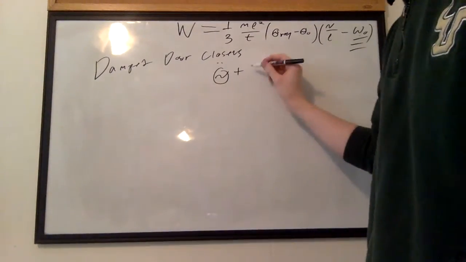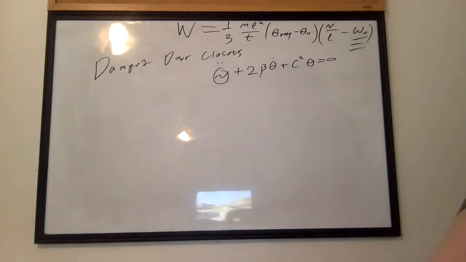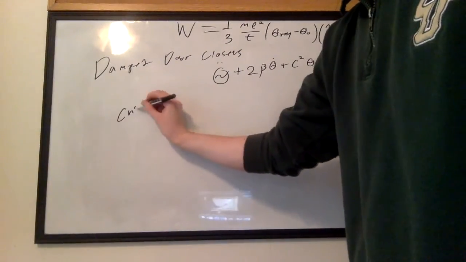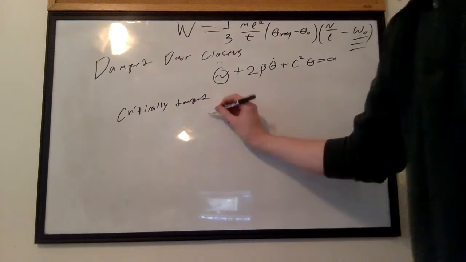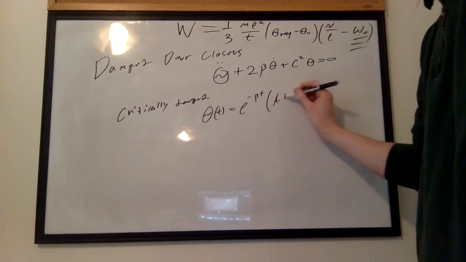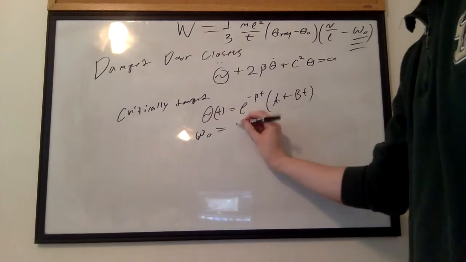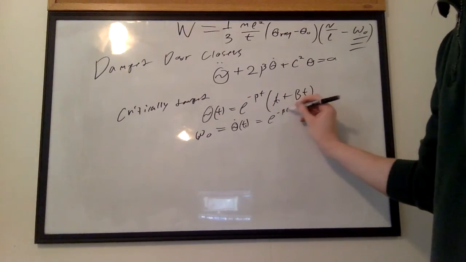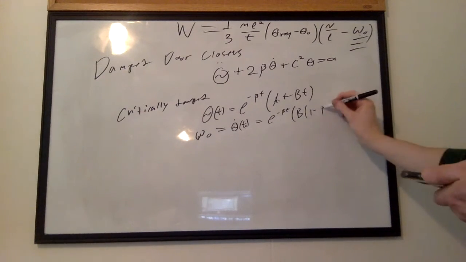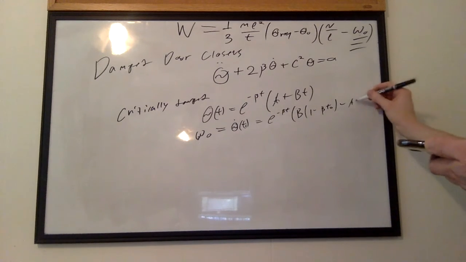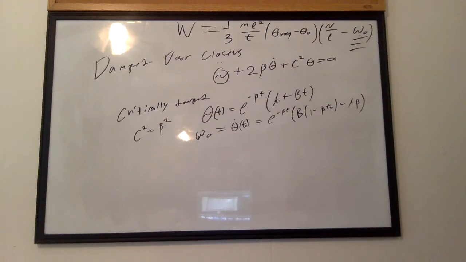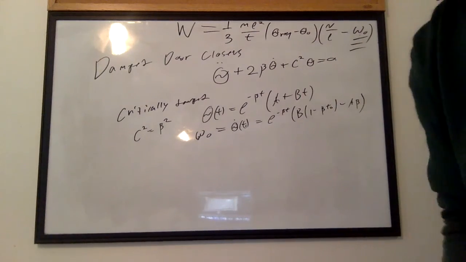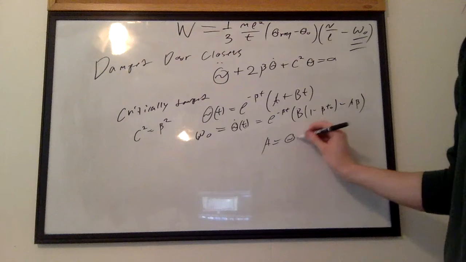Looking back at our differential equation, we know for the critically damped case that beta squared is equal to c squared. And so what we have is essentially these solutions to the equation, and then our omega naught, which at t0 is the derivative of those solutions, looks like this, and it would suffice to plug this back in to our work function up at the top to get a solution for a damped door closer, for the work at least.